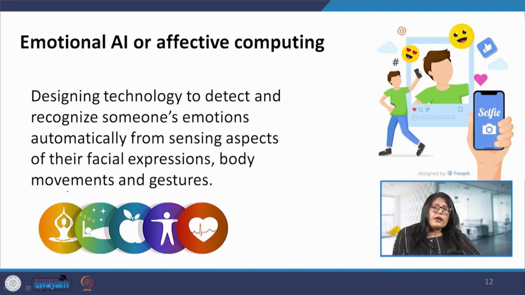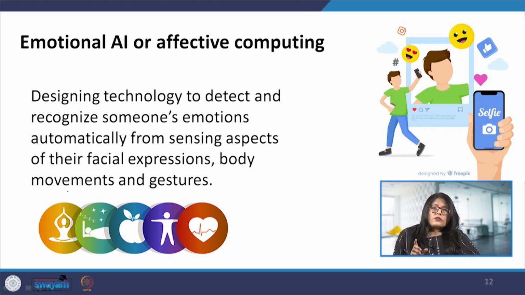Now, one area of emotional interaction is emotional AI, emotional artificial intelligence, or affective computing. So designing technology to detect and recognize someone's emotions automatically from sensing aspects of their facial expressions, body movements, gestures, is a big area of research amongst the designers, like I already mentioned.